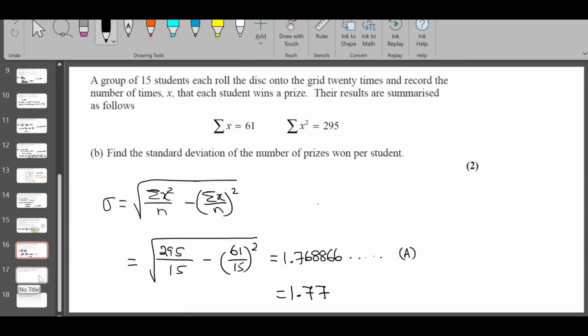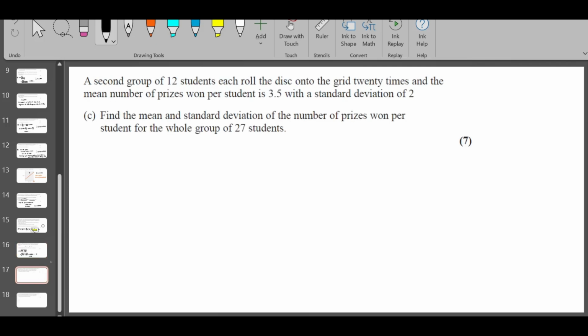Okay, let's move on to part C now. A second group of 12 students each roll the disc onto the grid 20 times again, and the mean number of prizes won is 3.5. Okay, so I'm going to take y bar as 3.5 and the standard deviation as 2.